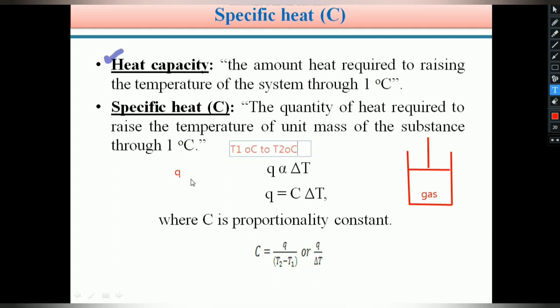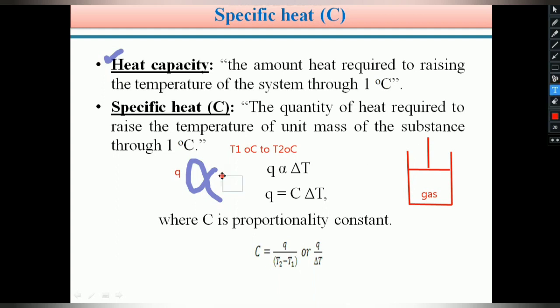Whenever I give Q amount of heat to the substance, its temperature is increased from T1 to T2 degree centigrade, then Q is proportional to delta T, or nothing but Q is proportional to T2 minus T1.